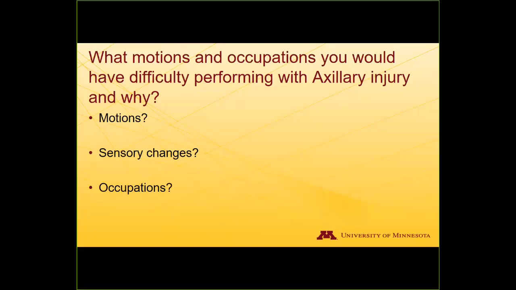That's its primary function. So yes, not only because the posterior fibers of the deltoid aren't working, but also because teres minor isn't working so well, we would expect to see problems with external rotation. Okay, so that could be very bad for an overhead athlete.